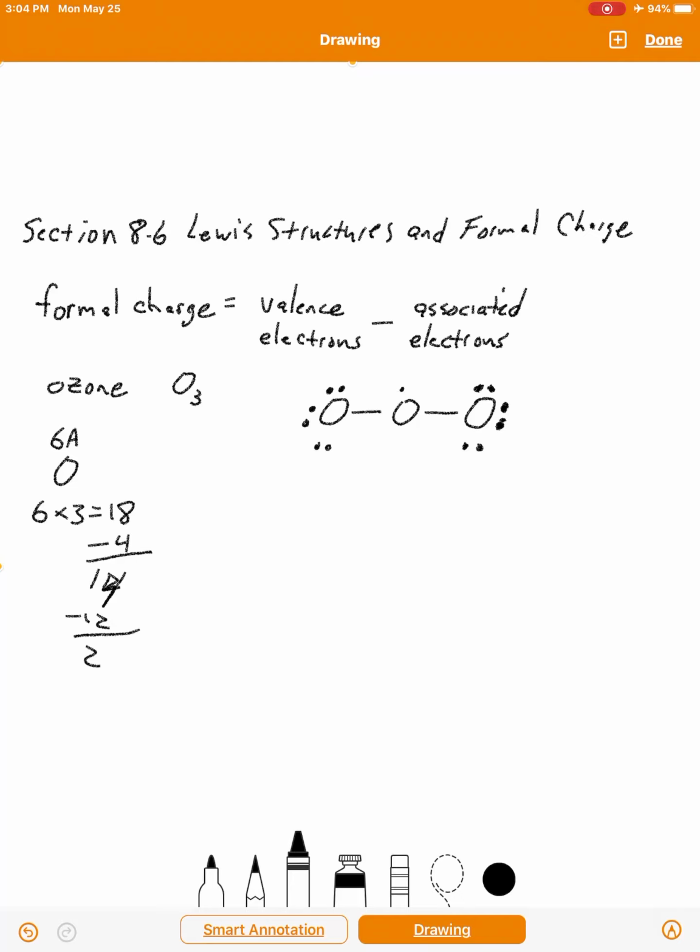So I'm going to put the 2 over here. So now the surrounding atoms have 8. The oxygen in the center, the bridging oxygen, has 6. So what we learned in the previous section was take one of the oxygen atoms that has 8, push a pair. We indicate a change in the Lewis structure by using a double arrow.